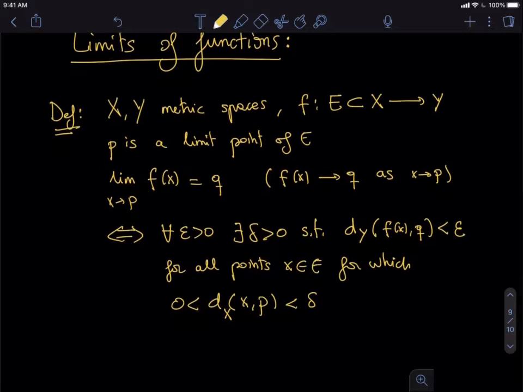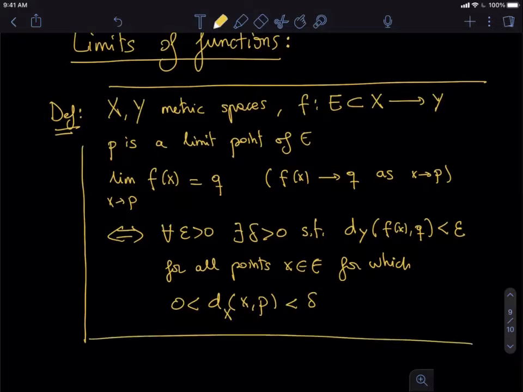Here it's important to notice that X and Y don't need to be the same space. They could be different metric spaces with different distances, even if we are used to seeing real functions that go from the reals to the reals.